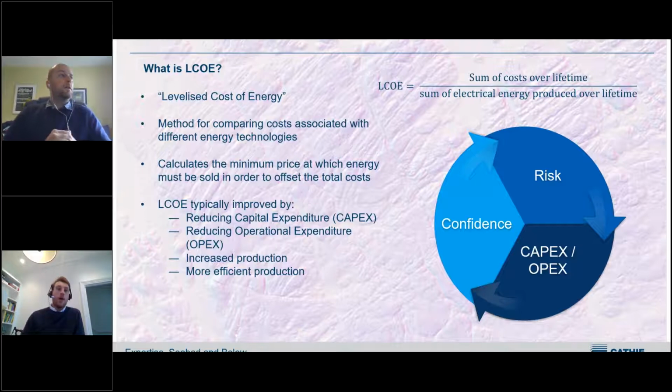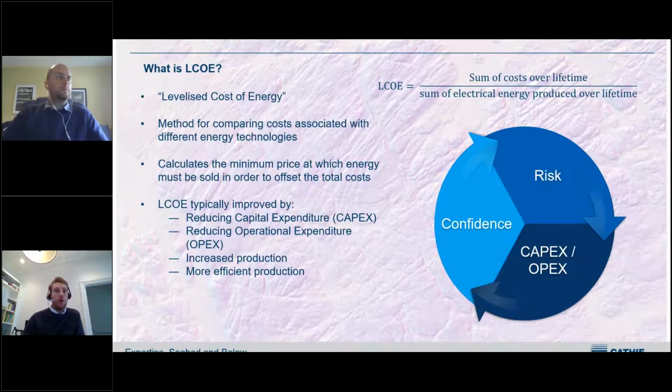So LCOE is a term in the title there, but what actually is it for people who maybe don't know the acronym? It stands for levelized cost of energy, and that is essentially a comparison between the costs spent over the lifetime of an energy asset development, compared to the sum of the electrical energy produced, i.e. what the developer or the owner of the asset will be expecting to regain as cost, and it's thought of as a bottom line.